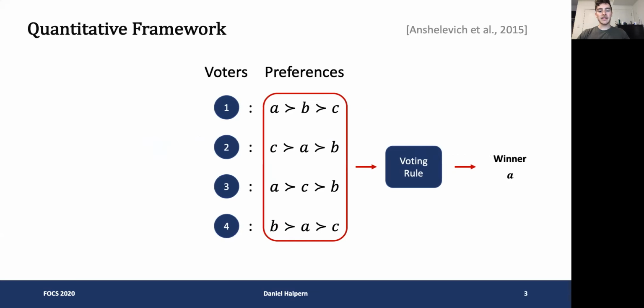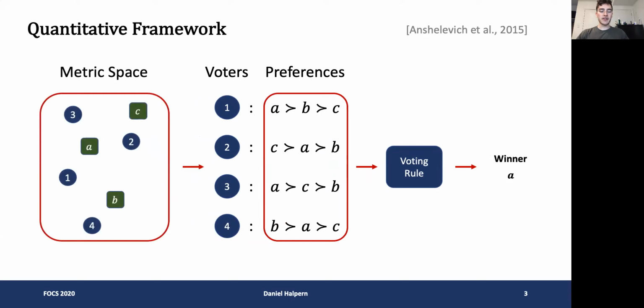So this led computer scientists to introduce a more quantitative framework, another way to analyze voting rules. This was first introduced by Procaccia and Rosenschein in 2006, and then this more restricted setting was introduced by Anshelevich et al. in 2015. So the idea is that these preferences aren't arbitrary. They're induced by, in our case, costs that come from a metric space.